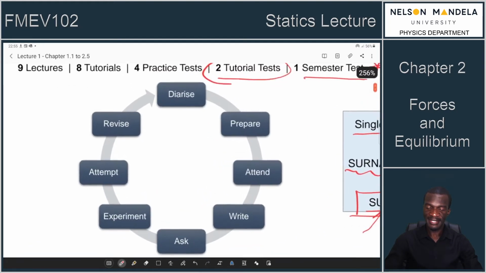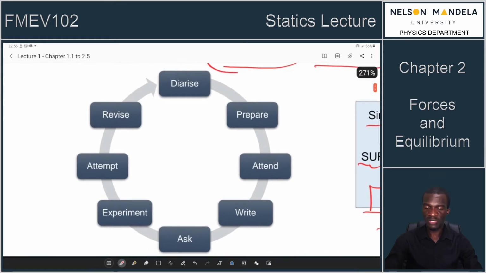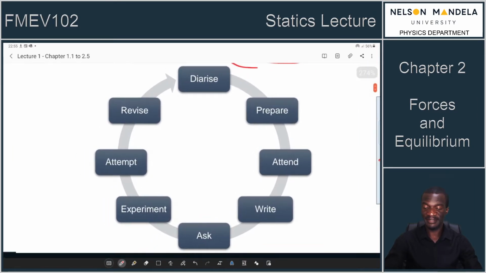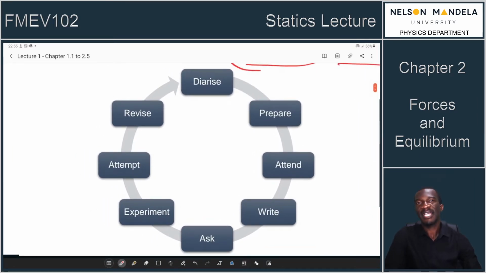Right, as far as the philosophy of studying this module is concerned, this is just a recommendation. Our studying habits are different. So I think that this module is a bit special because, number one, it is mathematically demanding. Number two, it is interesting because it is applicable.